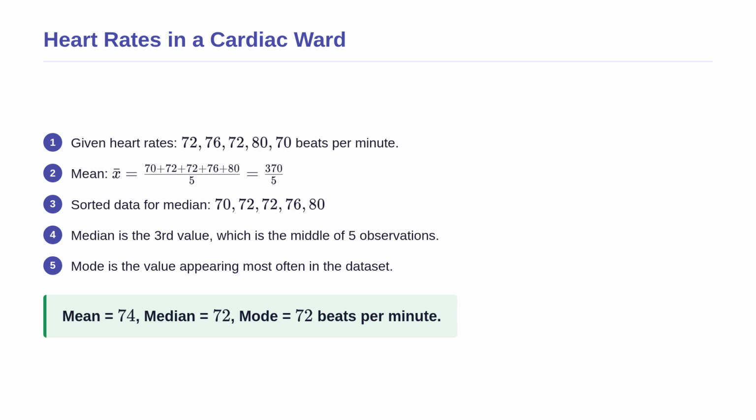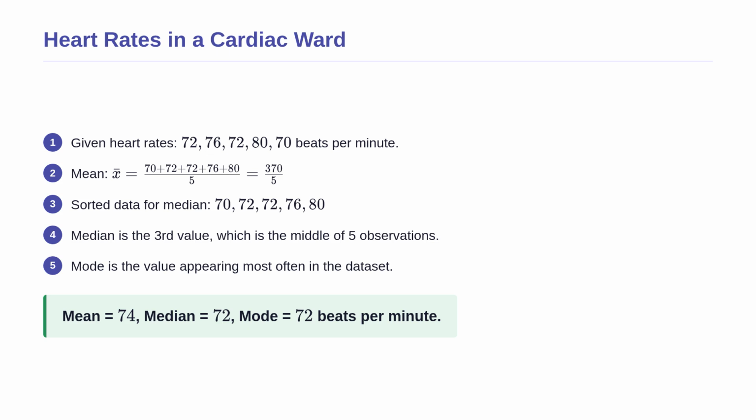Before we move on, let us see this with a concrete example. A nurse measures the resting heart rates of 5 patients, recording 72, 76, 72, 80, and 70 beats per minute. We want to find the typical heart rate. First, we calculate the mean by adding all 5 values to get 370 and dividing by 5, giving us 74.